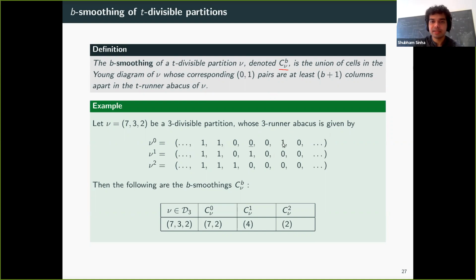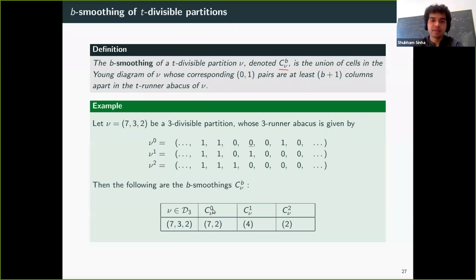So let's look at the zero smoothing. We look at the example, the partition 732, which is a 3-divisible partition. For zero smoothing, you look at the cells which correspond to the pair 0, 1 which are at least 1 apart. I did not mention before, but if you want to get the first row in the Young partition, you just have to count the number of zeros on the left of the rightmost one.